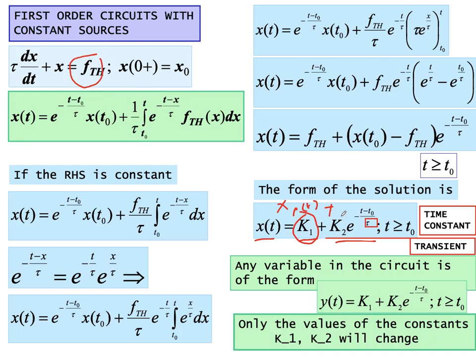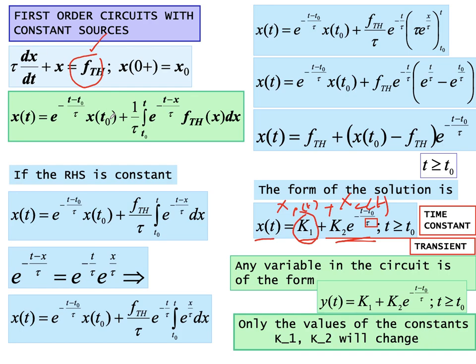Plus this part of the solution is xc of t, which is also known as the complementary solution or the natural response of the circuit. You get this solution when you consider the forcing function to be equal to 0. When the forcing function is equal to 0, it means the circuit will behave in a natural way. For example, it has stored certain energy, and it will release that energy to the circuit in a natural way. There will be no forcing function involved.